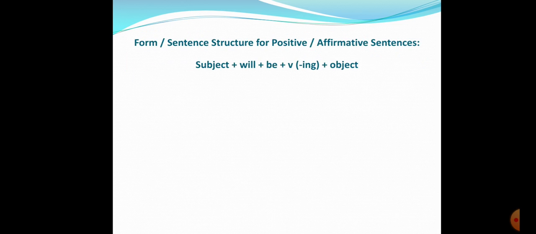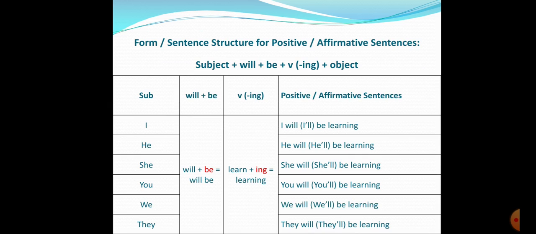Let's quickly look at how to form affirmative sentences. You know the form exactly: subject plus will be plus ing form of verb. Any of the subjects, I, he, she, you, we, they, you use will be with it and then the ing form of verb. So I will be singing, and you can notice that I have used the contraction, I plus will becomes I'll.